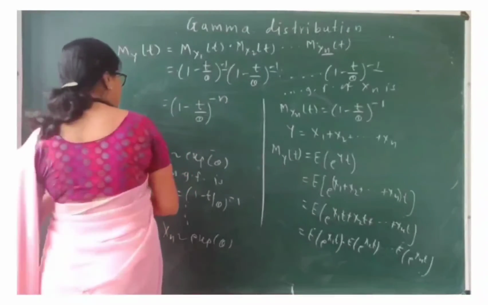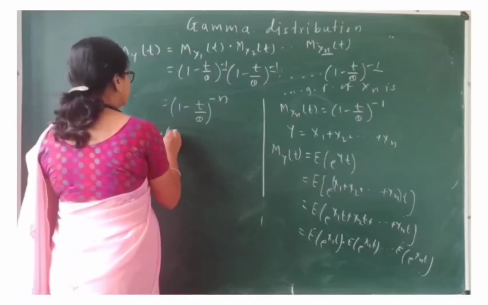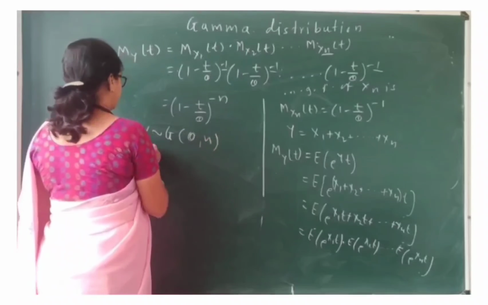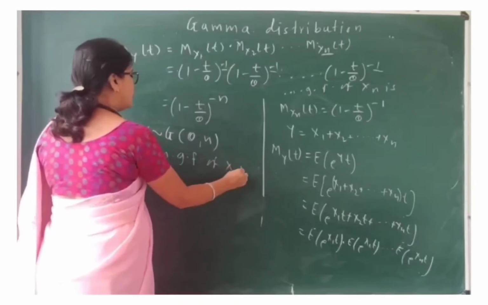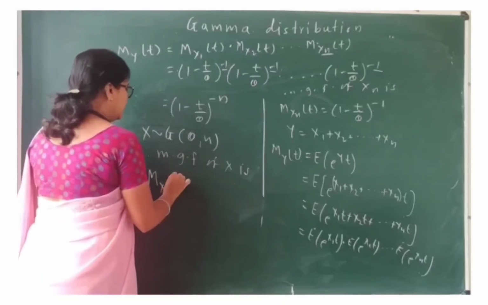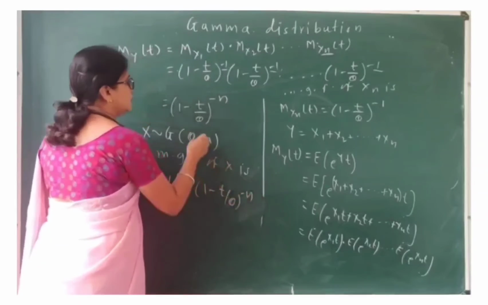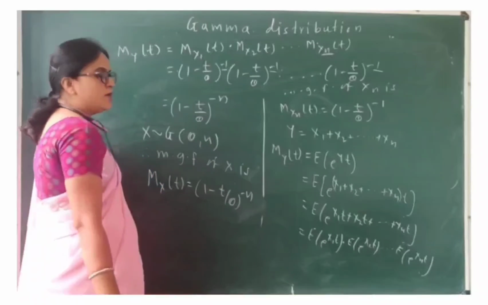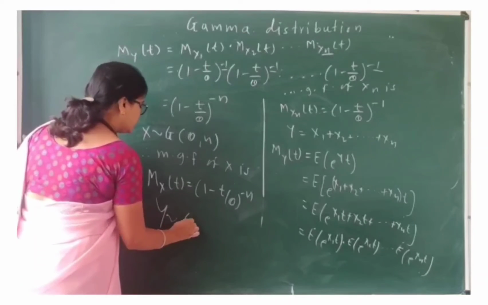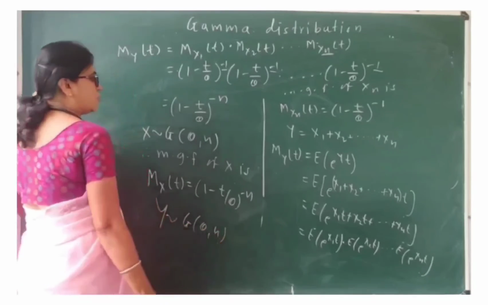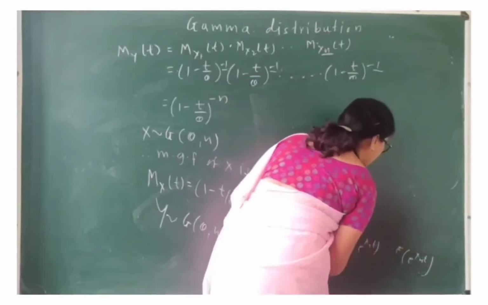Now we know that if X follows a gamma distribution with parameter theta comma n, then the MGF of X, M_X(t), is equal to 1 minus t by theta raised to minus n. If you observe both MGFs, by the uniqueness property of MGF, we can write that Y follows a gamma distribution with parameter theta comma n, and Y is equal to X1 plus X2 plus so on up to Xn.